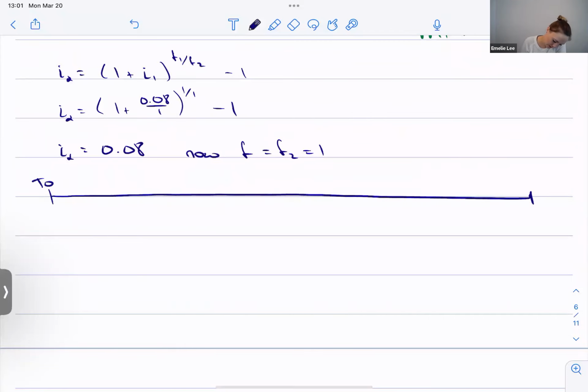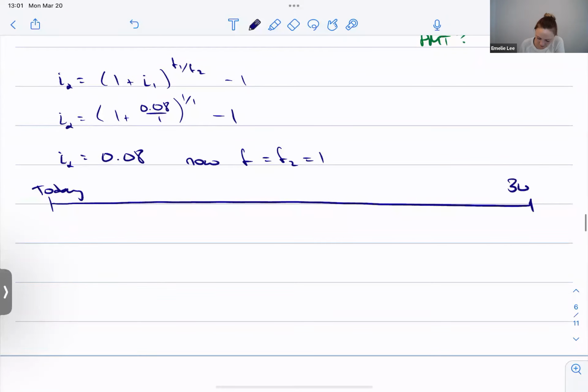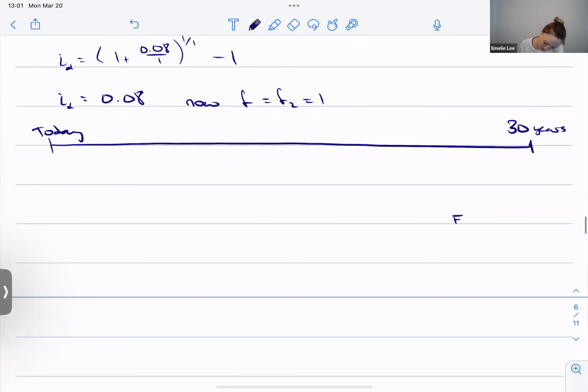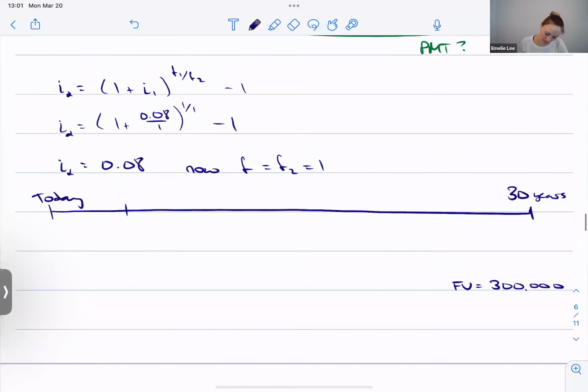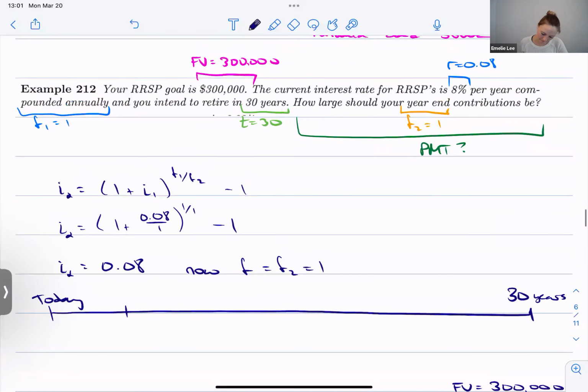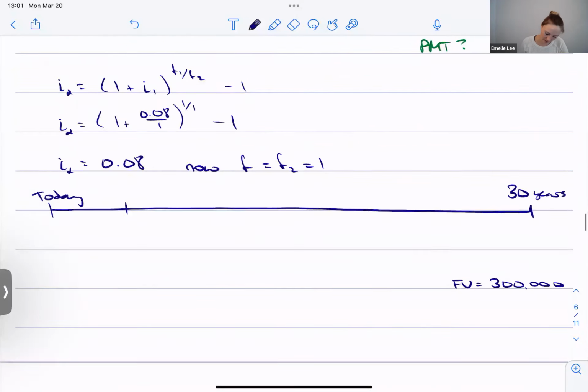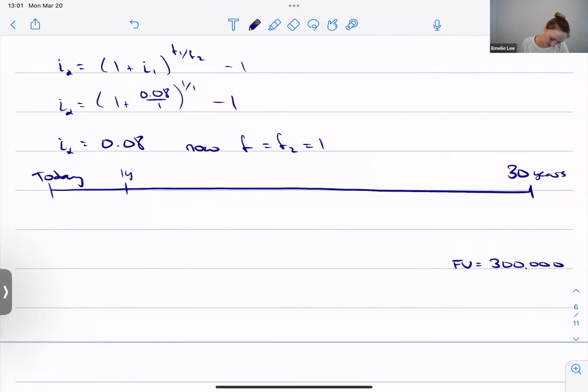So let's say you start saving today and you're going to be retiring in 30 years. And your goal was to have 300,000. So you're forcing this future value to be 300,000 at 30 years. So you're going to make year-end contributions. After 1 year, you're going to make some payment amount.